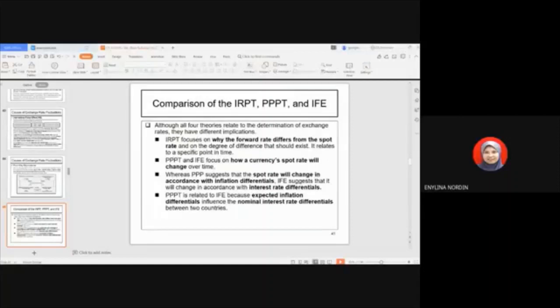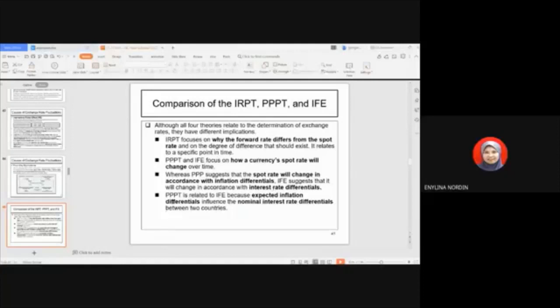The PPPT and the international Fisher effect focus on how the currency spot rate will change over time. Whereas PPP suggests that the spot rate will change in accordance with inflation differential, IFE suggests that it will change in accordance with the interest rate differential.